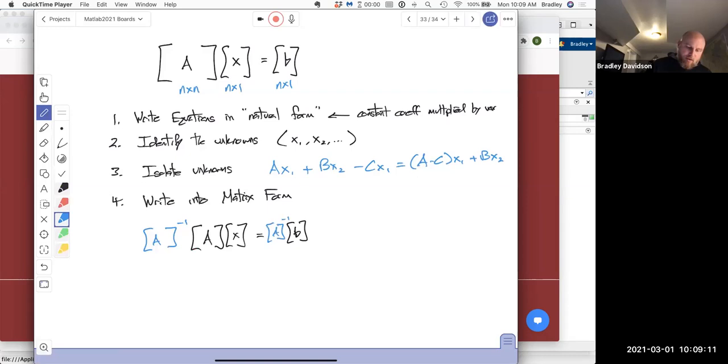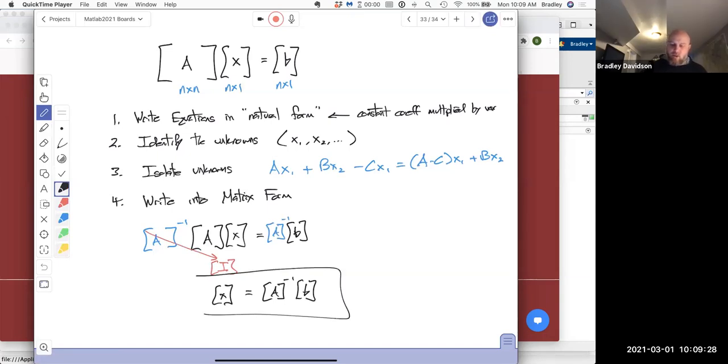Then this gives us the identity matrix, so that means we've got X equals A inverse times B. And we are going to be using this to solve for that matrix X.